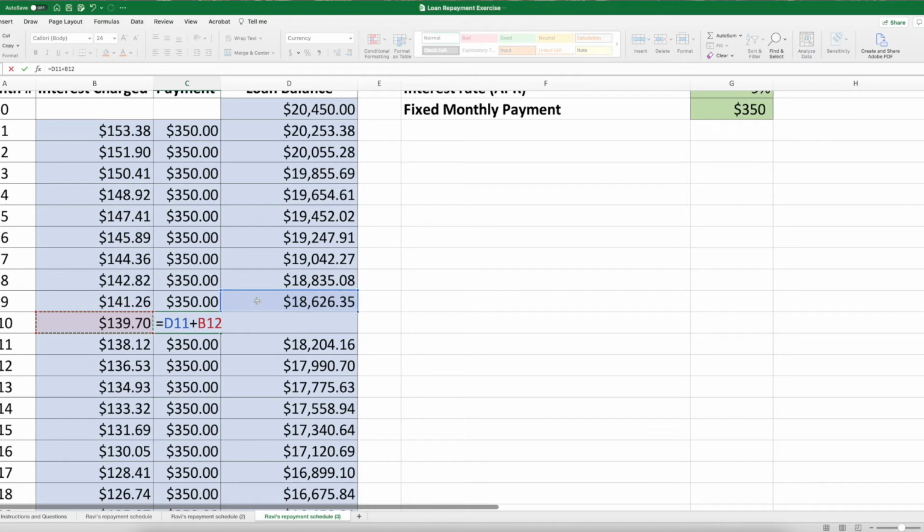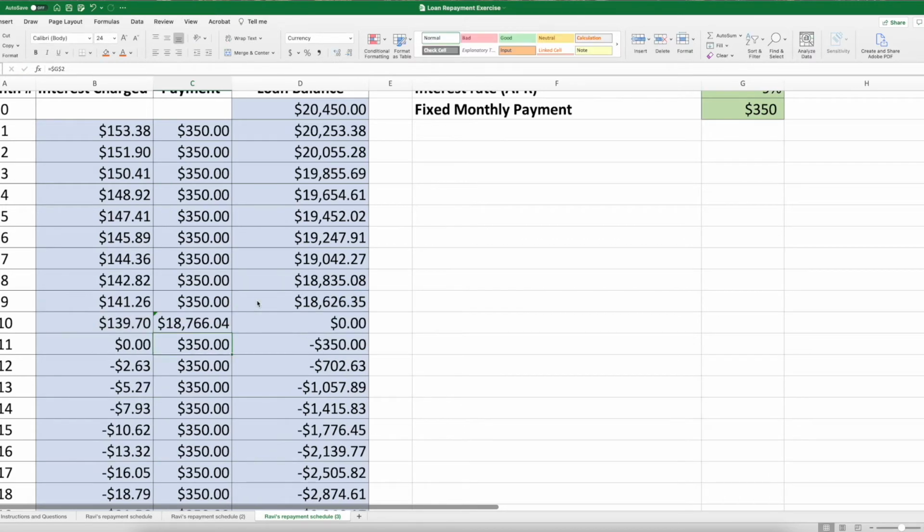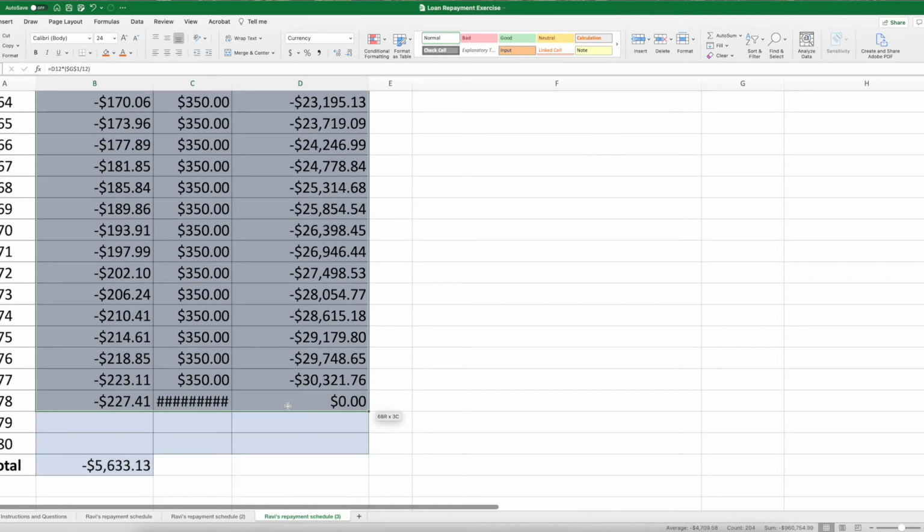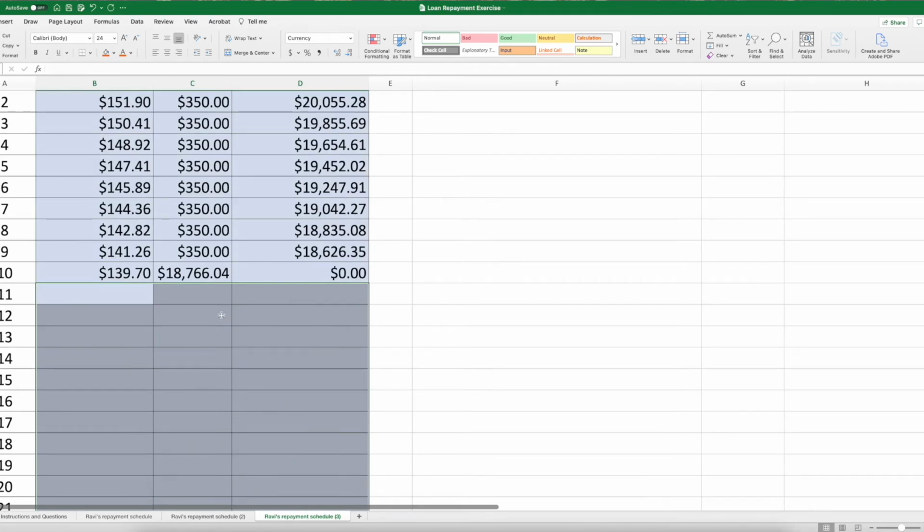Okay, so D11 plus B12, press enter, and as you can see, that exactly leads to his loan balance at the end of month 10 equaling 0. And then he won't need to deal with his bank anymore, no need to make any more payments. We can delete that.